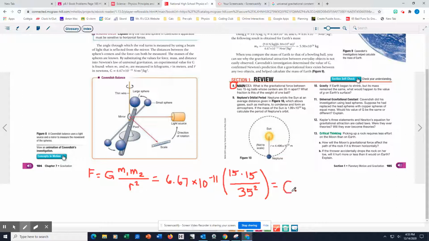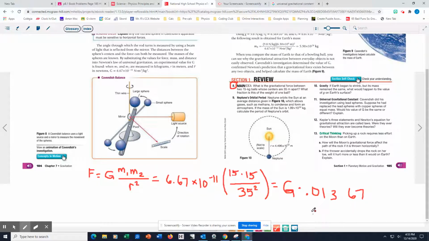We know G is 6.67 times 10 to the negative 11th. So that's G. Times, and what do we get here? We got 0.01367. I should be looking at the screen when I do that.